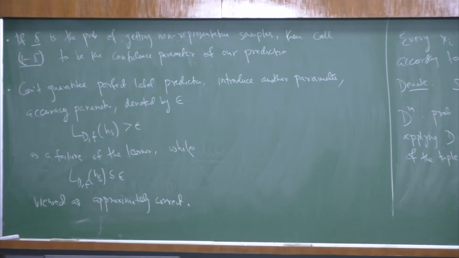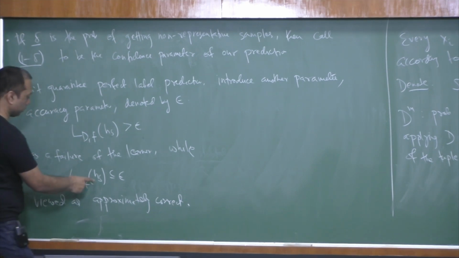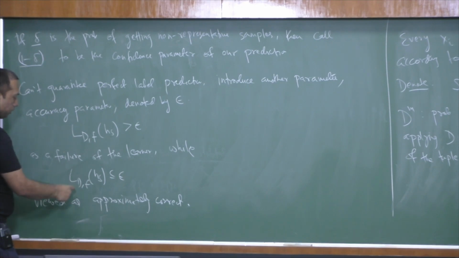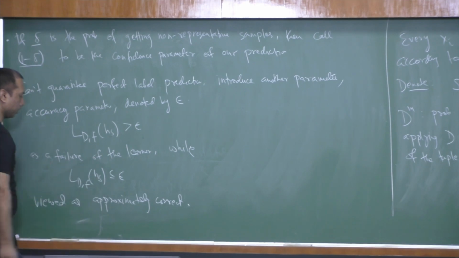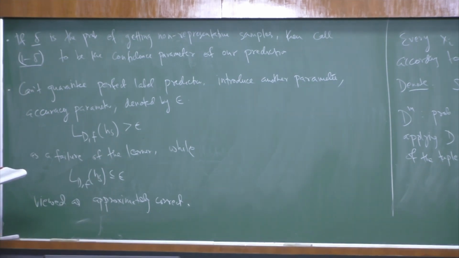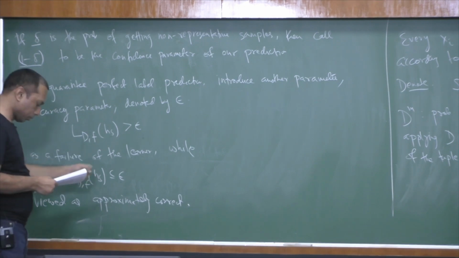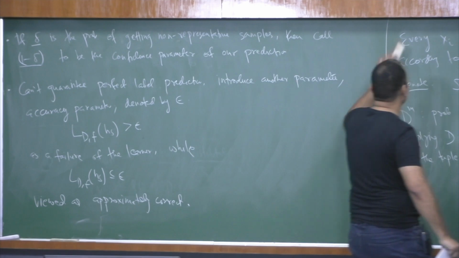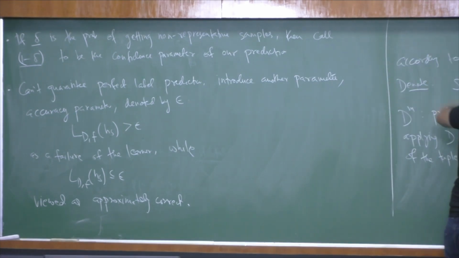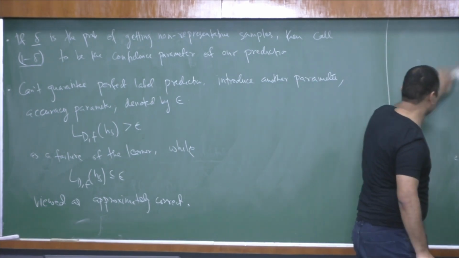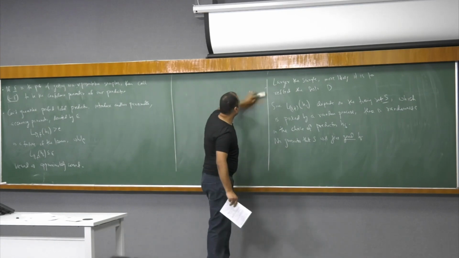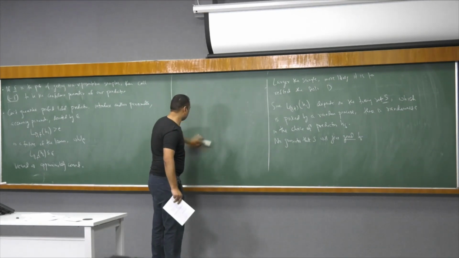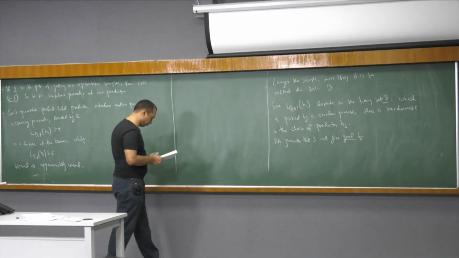If the error of the h_S that you learned from your samples is less than or equal to the threshold that you set, you are happy and say it's approximately correct. So essentially we are interested in upper bounding the probability that I'm going to fail, since L_S is defined as the probability of making errors.